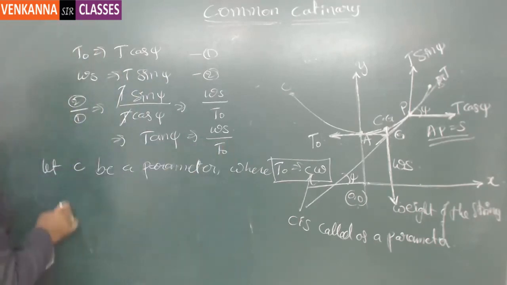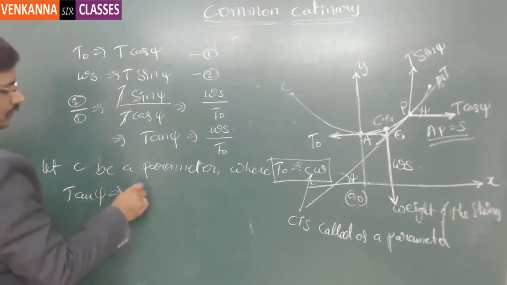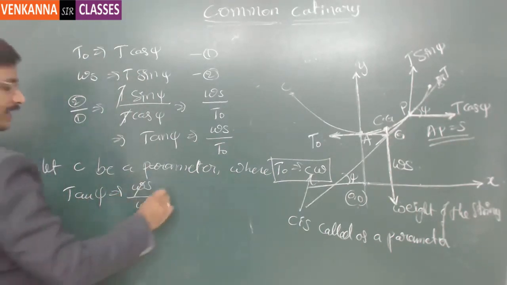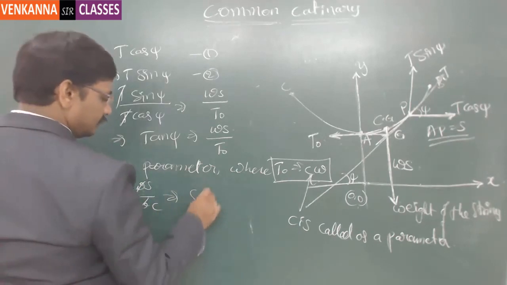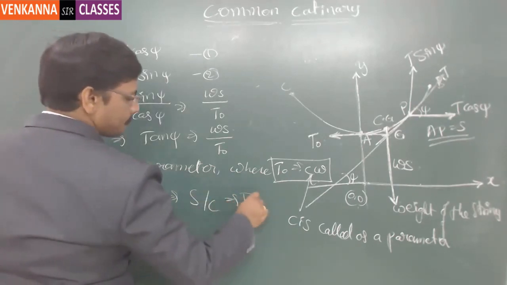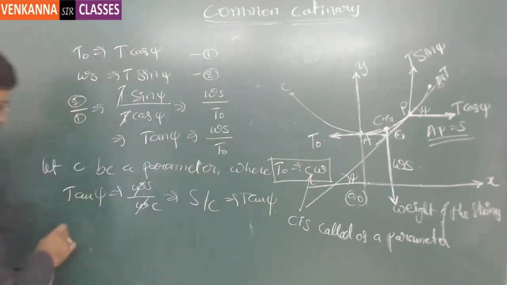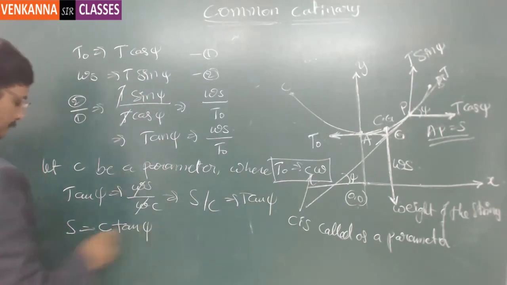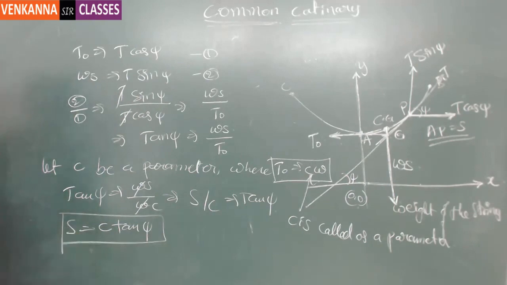Now if you replace here, tan psi is equal to W into S divided by W into C. So W will cancel out, and S by C is equal to tan psi, or S is equal to C tan psi. Now if you notice, this is a very simple equation.